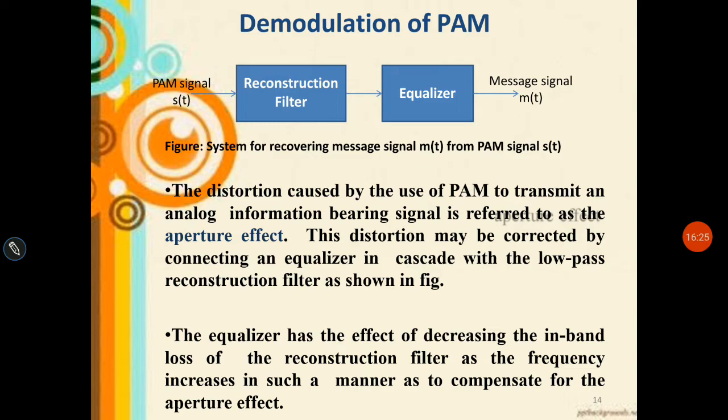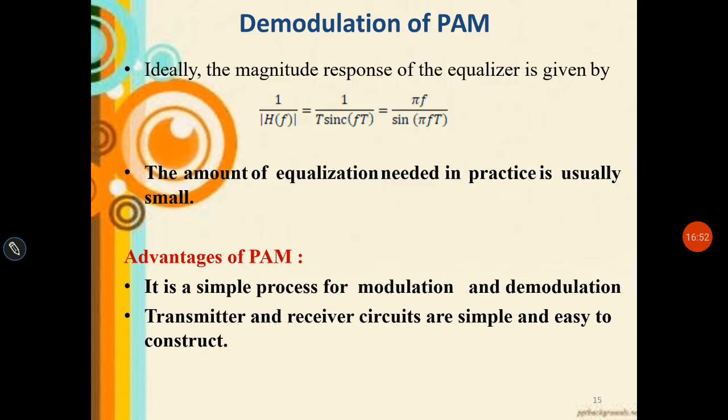Whatever the aperture effect in your reconstruction filter for reconstructing the message or information signal, it must be compensated by the equalizer by decreasing the in-band loss with the increasing frequency of the reconstruction filter. So this happens in the case of demodulation of PAM.